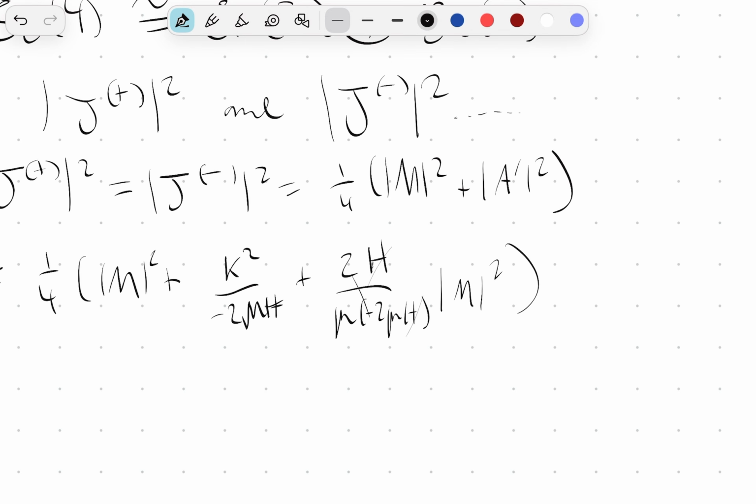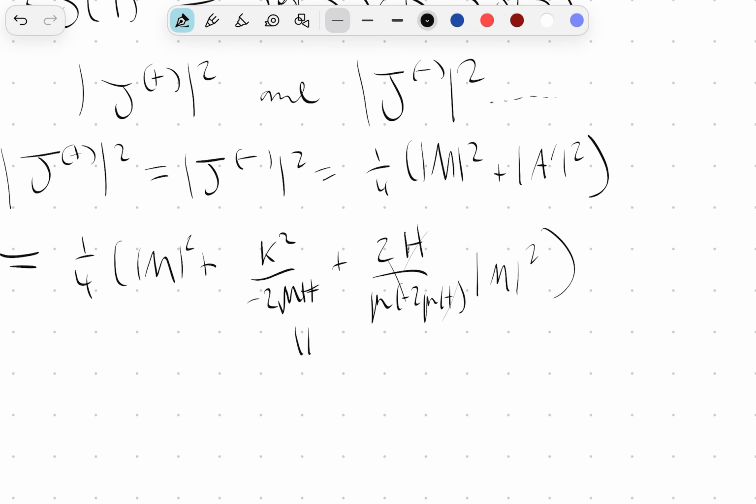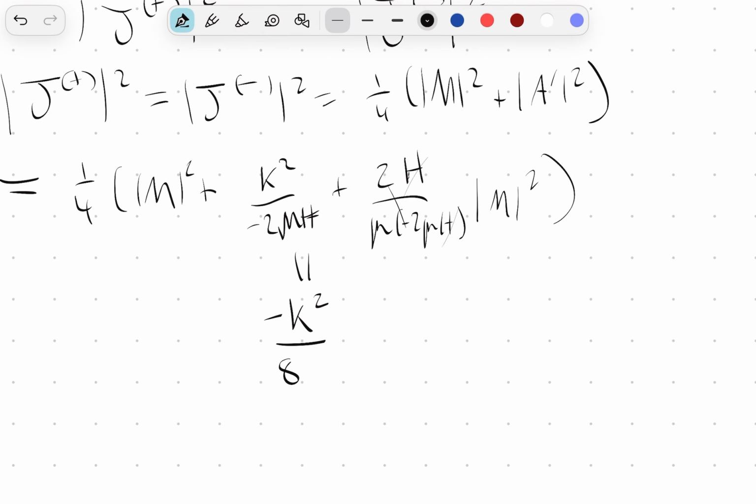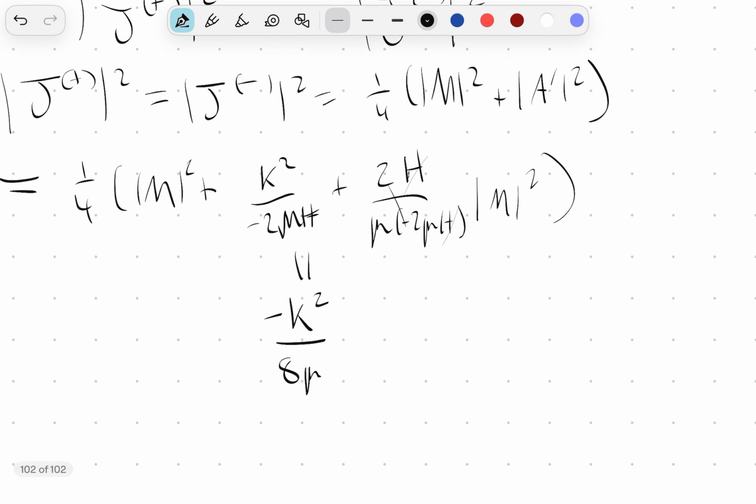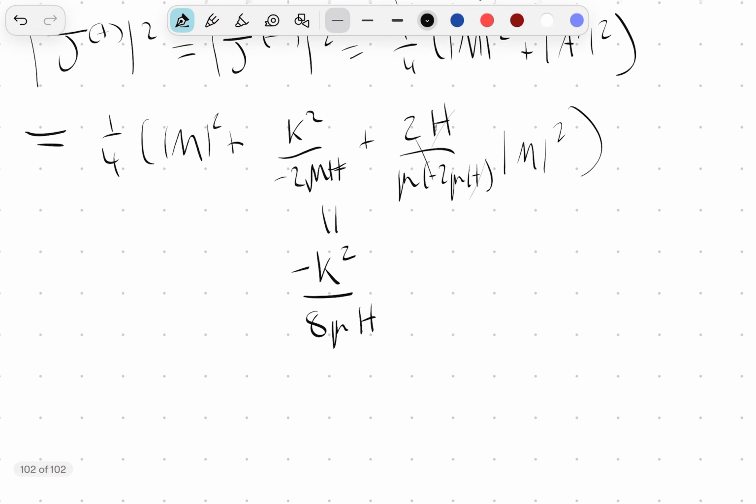We'll be left with a mu squared. Is this right? Yeah, it's correct, because then it should all cancel out and give us a constant of kappa squared 8 mu h.